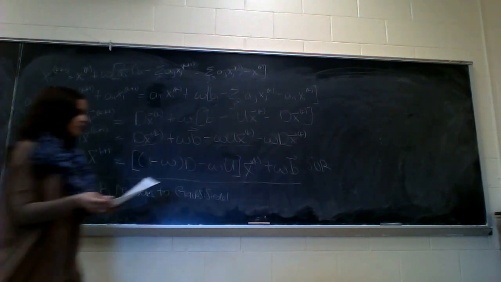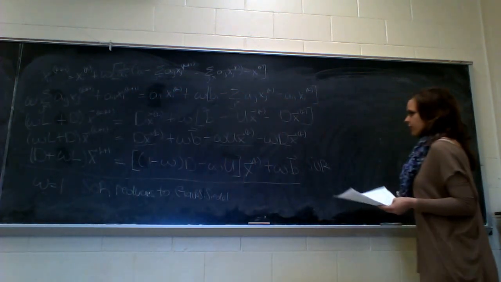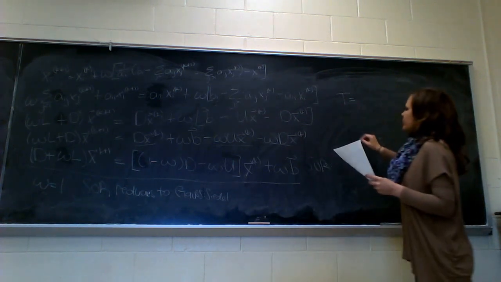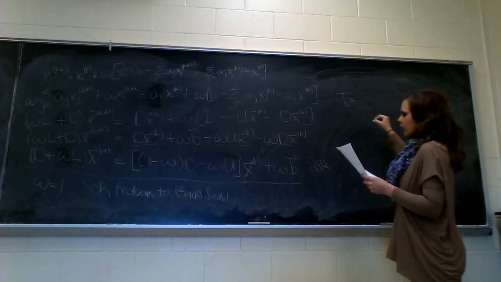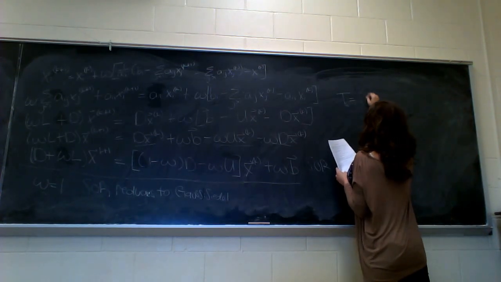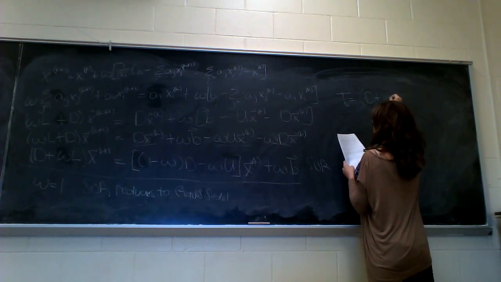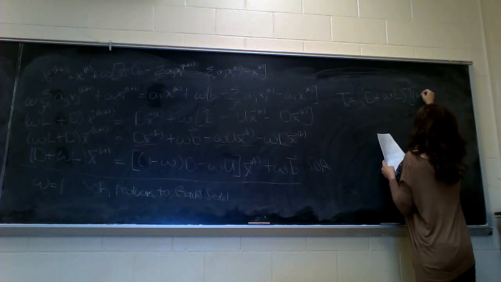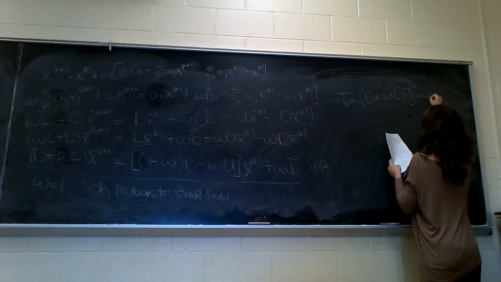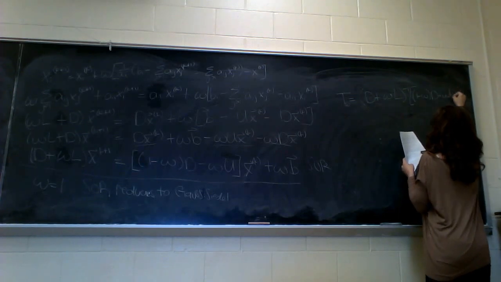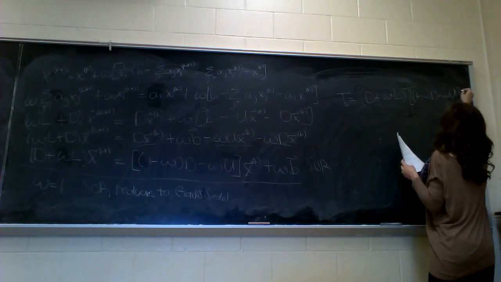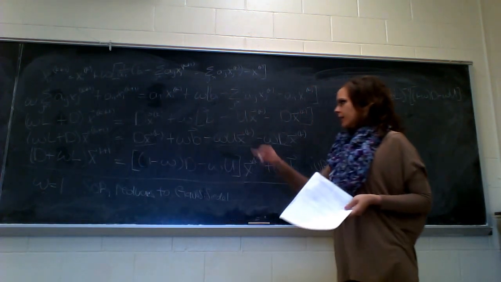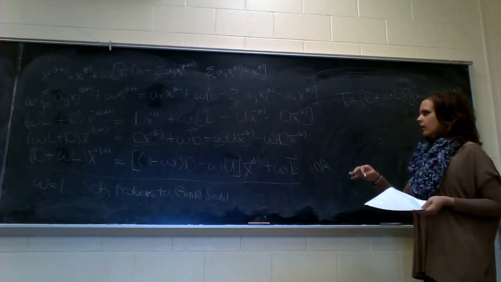So our iteration matrix for this, which is our M inverse N, and T is what we usually use to denote our iteration matrix, it's just (D plus omega L) inverse times (1 minus omega) D minus omega U. So that's just multiplying on the left-hand side by the inverse of that M matrix in the front.